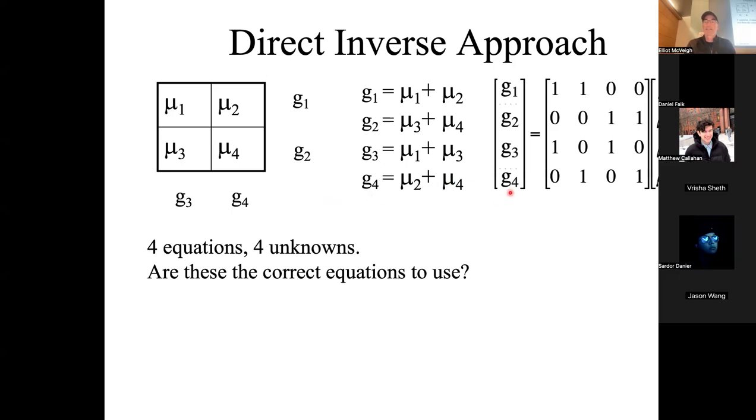And the way you do that is you set it up like this. You rewrite this thing as a matrix equation where you have a vector of your measurements, you have a vector of your unknowns you want to solve for, and you have this matrix that you have to invert in order to get mu1 equals whatever, right?